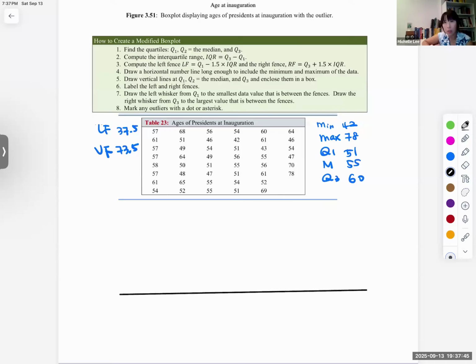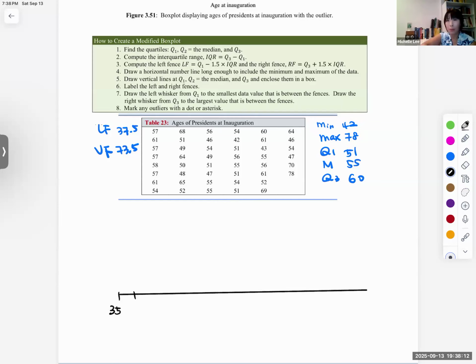All right, so the minimum is 42 and the upper fence 73.5. Let's make it 35, 36, until 80, right?